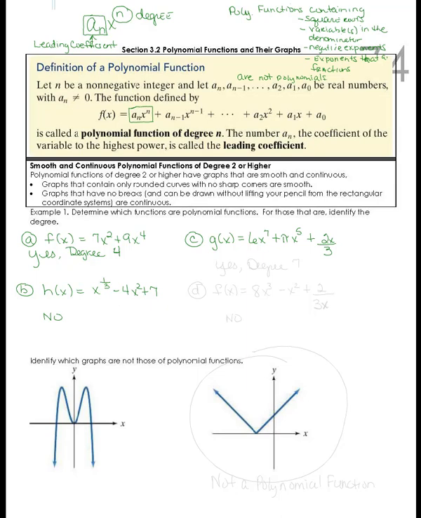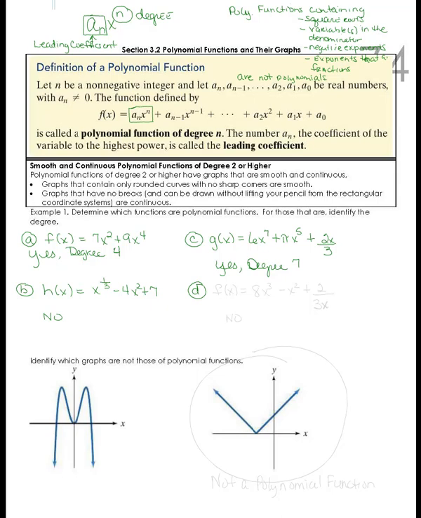We don't want fractions or decimals as exponents. But pi as a coefficient is a real number. It happens to be an irrational number, but it's just a coefficient, and that's okay. For a fraction, the variable cannot be in the denominator. If the variable is in the denominator, it's a rational function. So yes, this is a polynomial. What is the degree? 7.